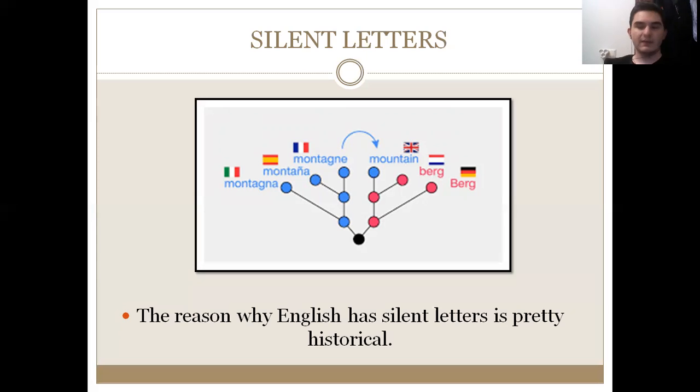There are bunches and bunches of more words like this that have changed throughout the years. The pronunciation changed, but the letters didn't change. That's why there are so many silent letters in the English language. Another reason is that English borrows words from other languages like German, Scandinavian languages, or French, but especially the French is more problematic.